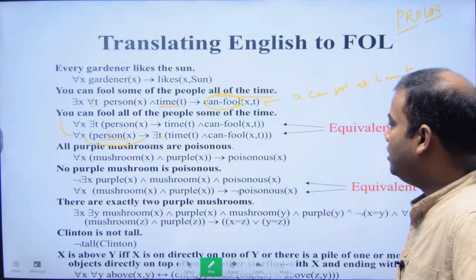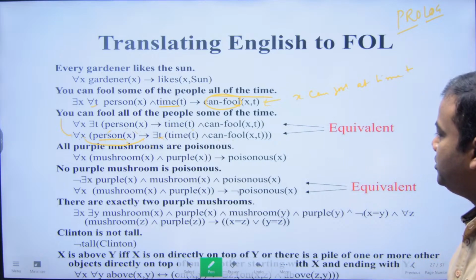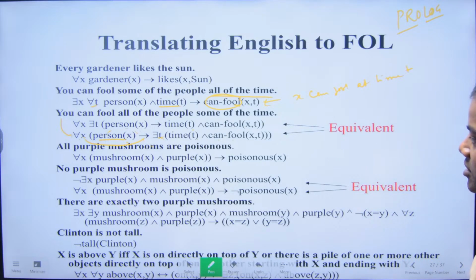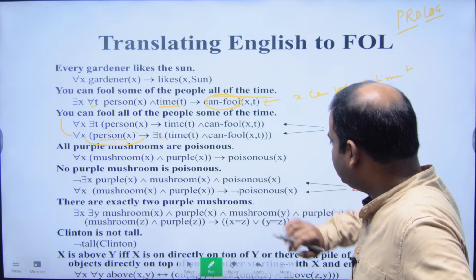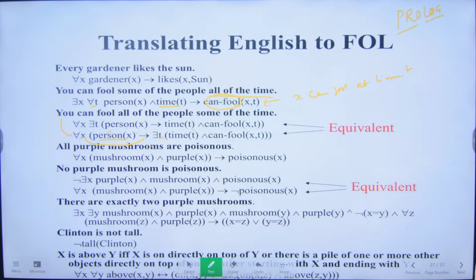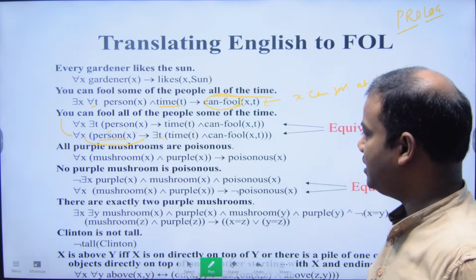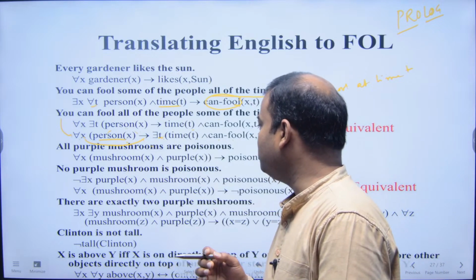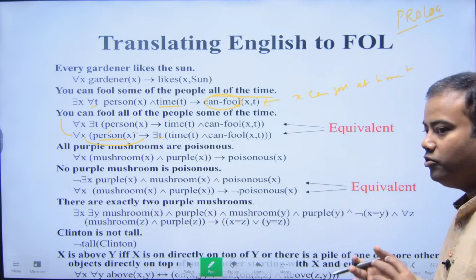Okay? No purple mushroom is poisonous. Now, are those two statements opposite? All purple mushrooms are poisonous. No purple mushroom is poisonous. Actually, both are opposite.